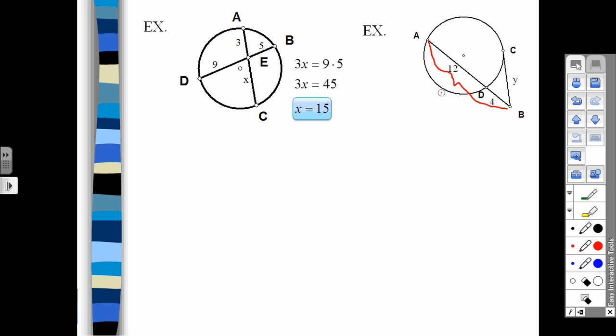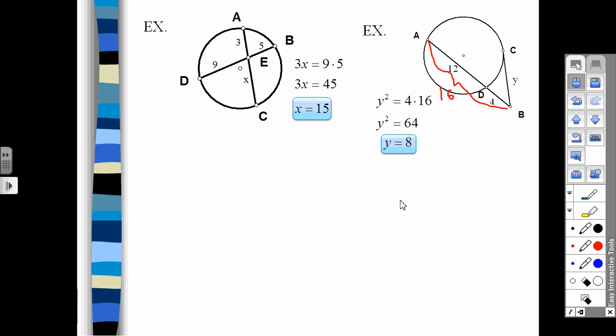And so 12 plus 4, we get 16. Okay. So when we go to apply our tangent secant power theorem, we're going to take y and square it, and that's going to equal the 4 multiplied to the whole thing of 16. So we get y equals 8.